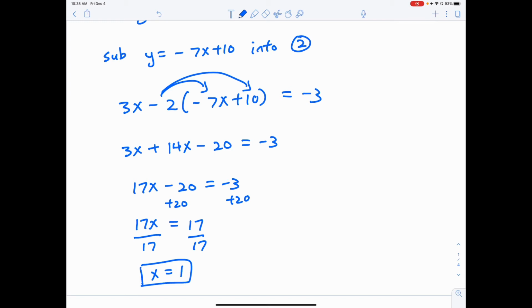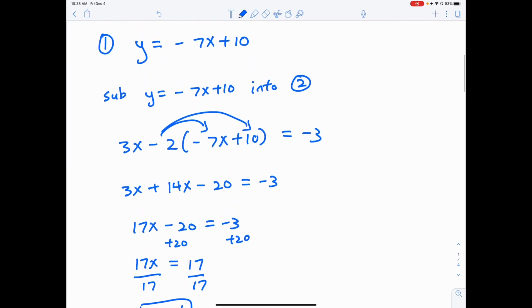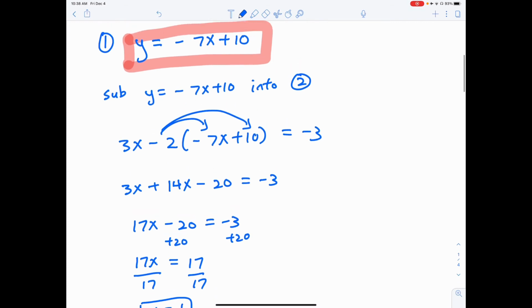Now we need to go back and find y. Now earlier, we talked about this substitution or isolation of a variable. So when I do this isolation, this is the step where I can take my x value and plug it back into here to find the y value. So we said earlier that y is equal to negative 7x plus 10.